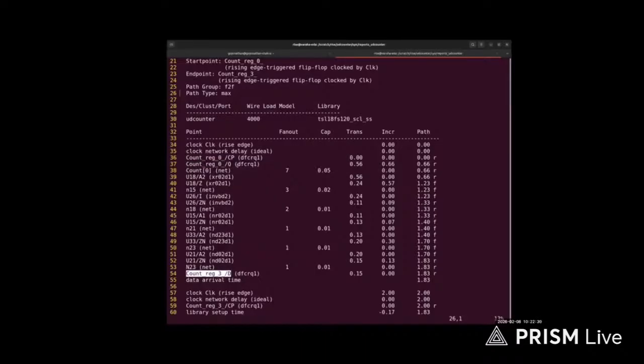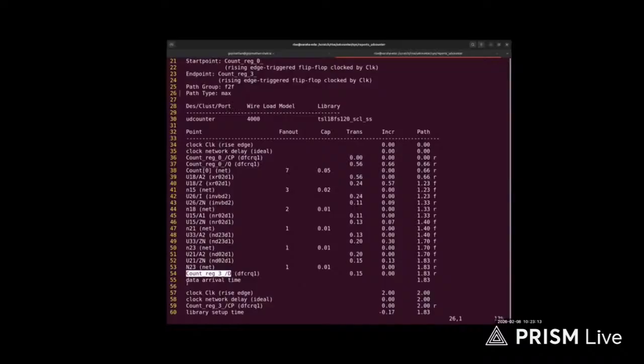The output of the flip-flop Q is taking 0.66 nanosecond, which is accounted here. Then it is going through a net to an XOR gate. In the XOR gate, it is taking 0.57 nanosecond, and 0.66 plus 0.57 is 1.23. Similarly, it then goes to an inverter, a NOR gate, a NAND gate, and again a NAND gate, and the output of the NAND gate goes to the D input of the count reg 3 flip-flop.